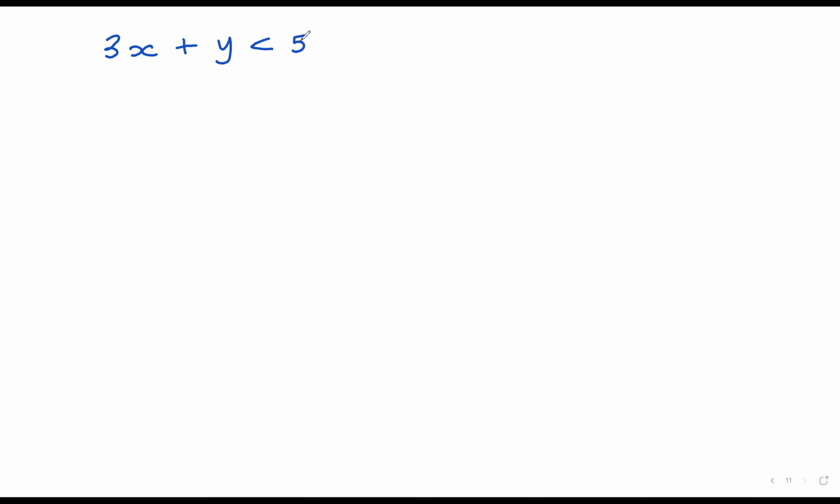So I want to show this on a graph. I want to show the region that represents this inequality, 3x plus y is less than 5.